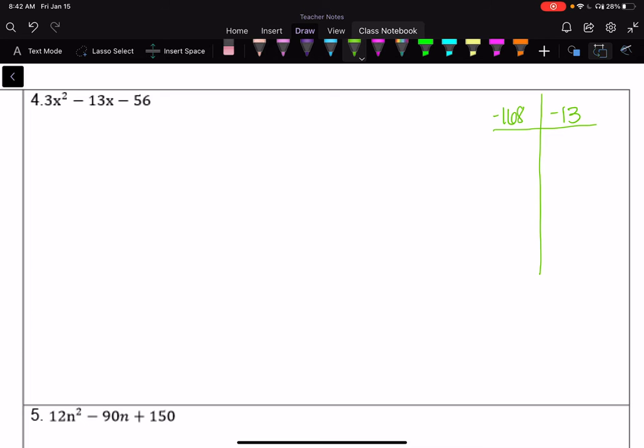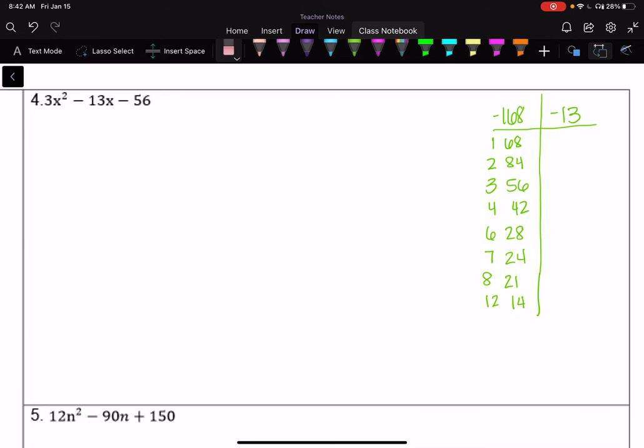So we have 1 and 168, 2 and 84, 3 and 56, 4 and 42, 6 and 28, 7 and 24, 8 and 21, 12 and 14.